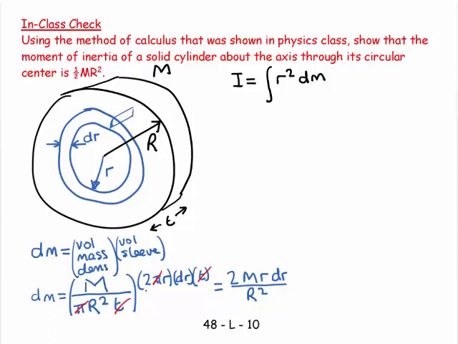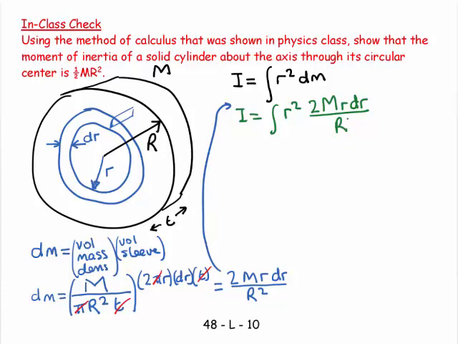I think that's fine. So I can substitute this back up here. And I say I is equal to the integral of r squared, and rather than putting dm down, I'm going to put down 2 big M r dr over big R squared.